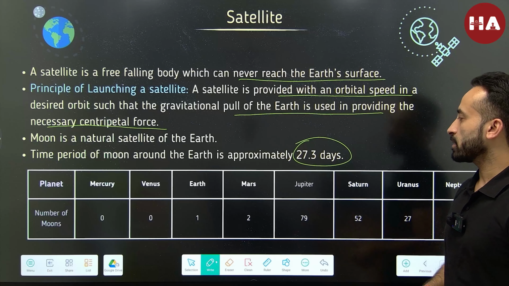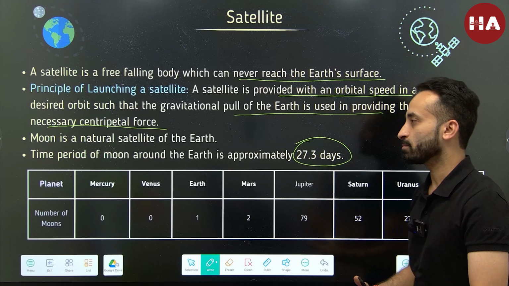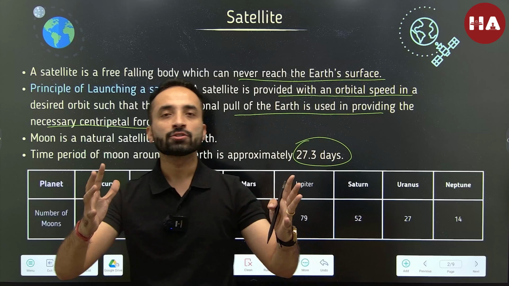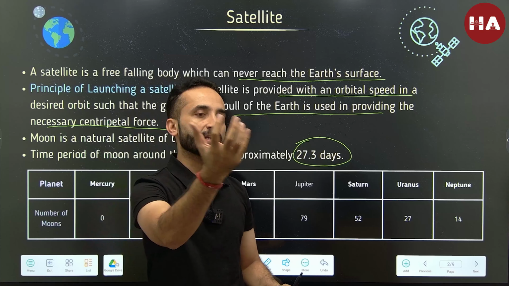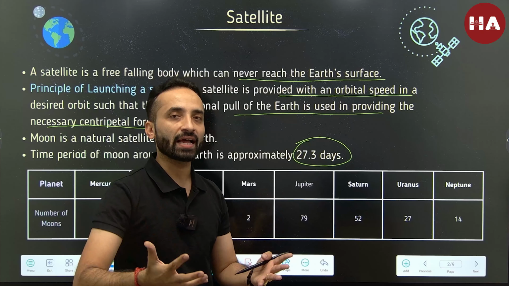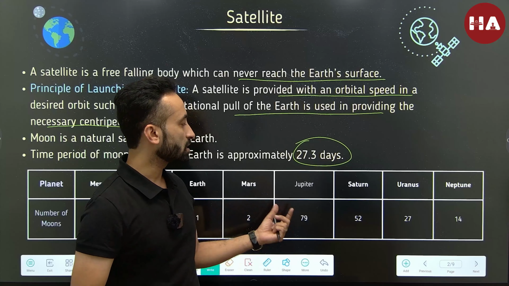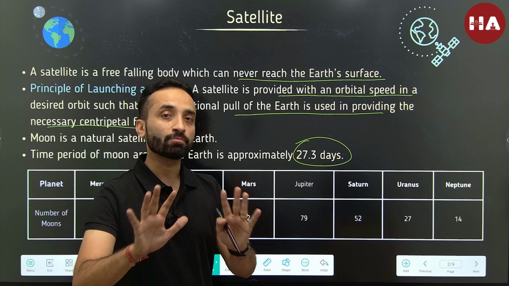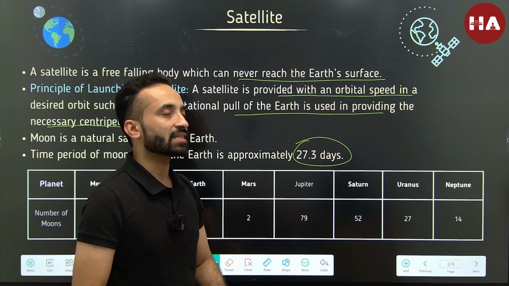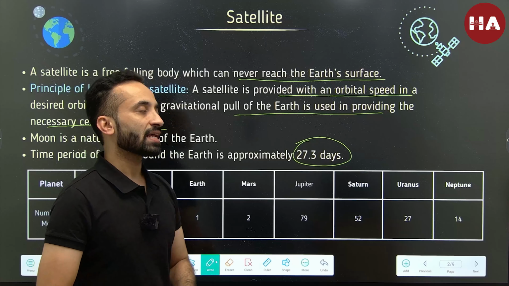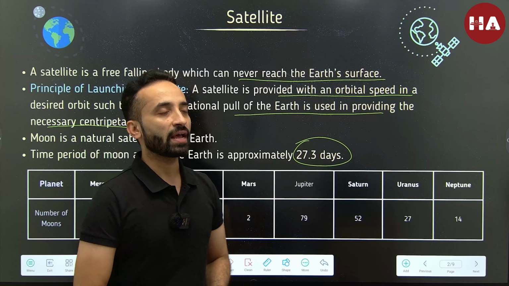Jupiter has 79 moons because it has a strong gravity, so it must have pulled a lot of asteroids or meteors in its orbit, and that is why it has many moons. That is observable moons that we have observed till yet. Then Saturn has 52 moons, Uranus has 27, and Neptune has 14.